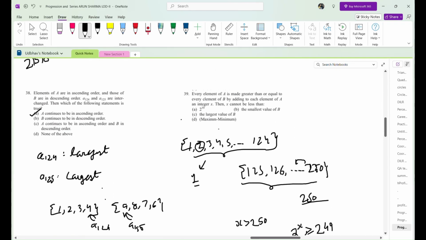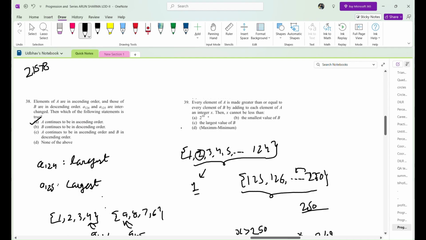This is just a question of visualizing things. Smallest value of B is 125. If we multiply 1 with 125, it's still less than 250, so that is not going to be true. Largest value of B is 250.